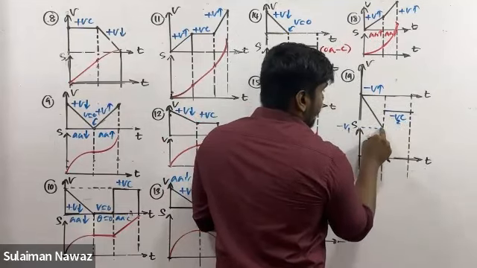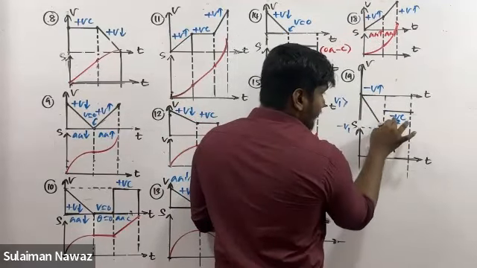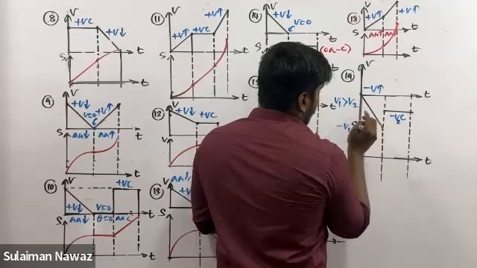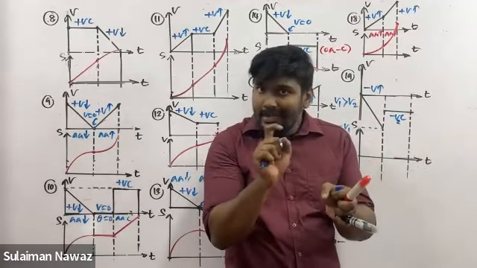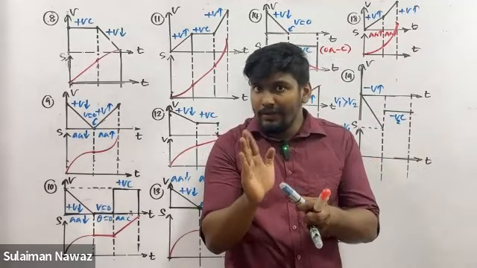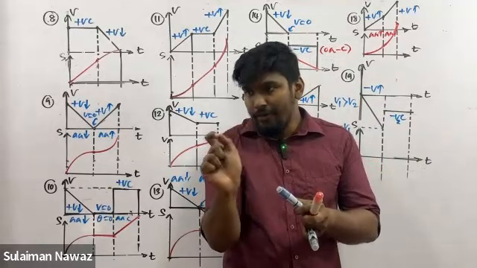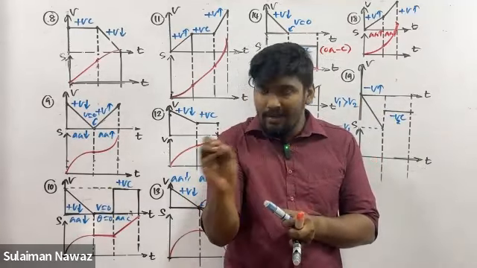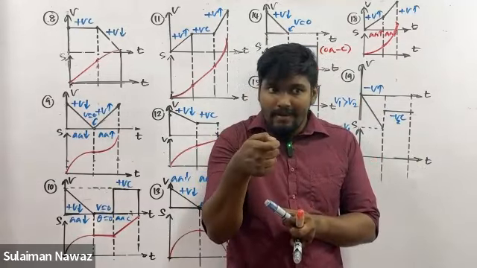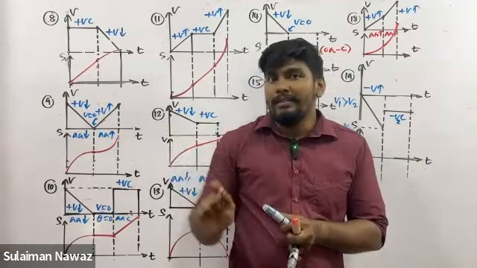V1 is larger; the negative velocity here is larger than here. Larger the negative velocity, smaller the obtuse angle. Write down this important point: in an ST graph, the larger the negative velocity, the smaller the obtuse angle.